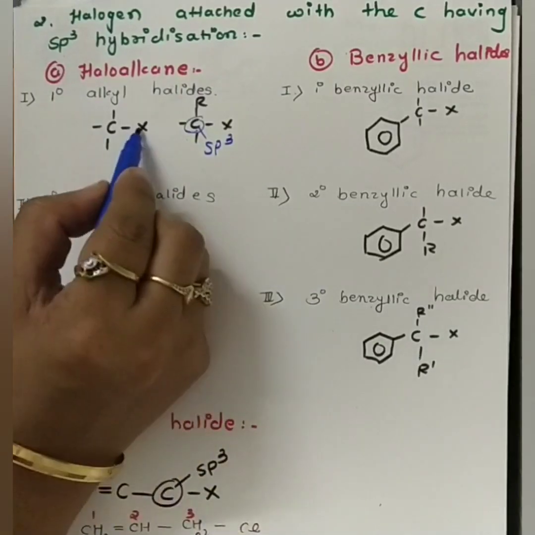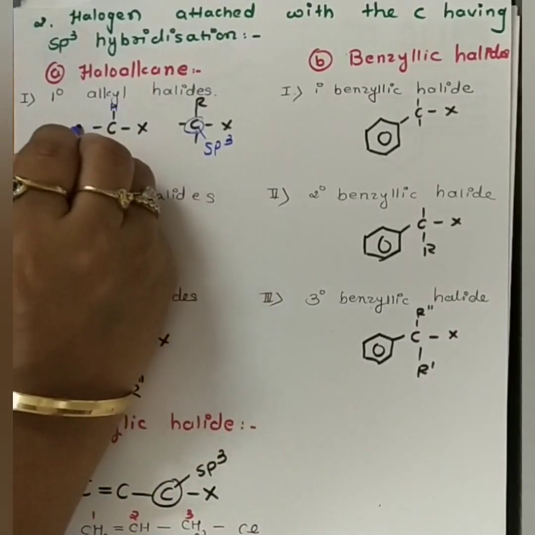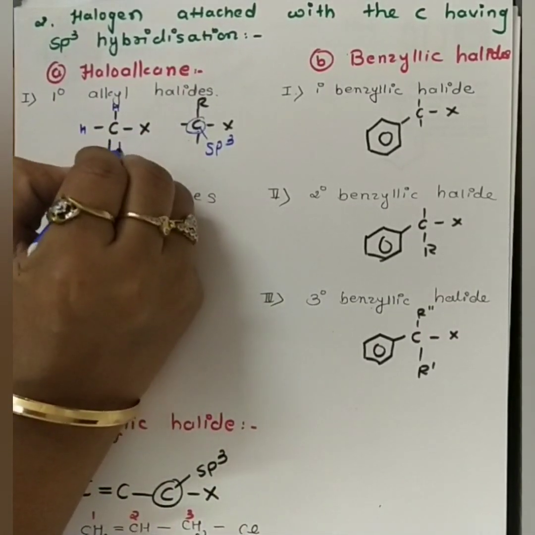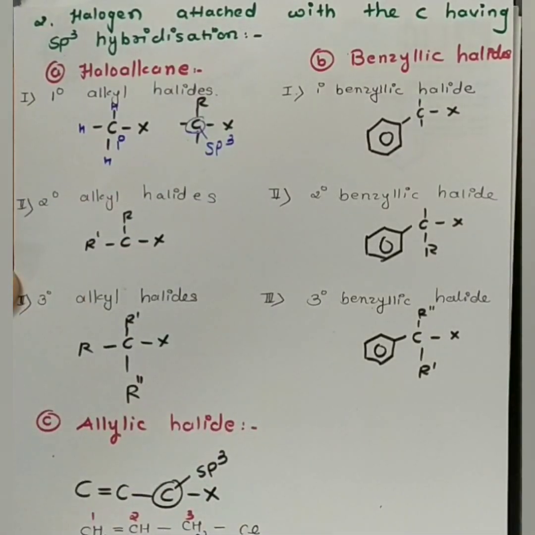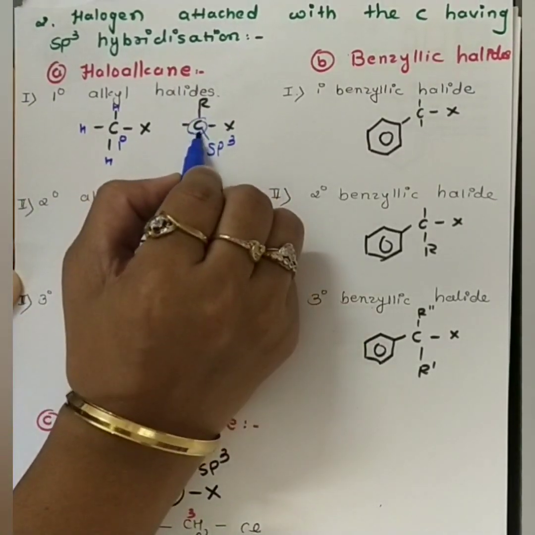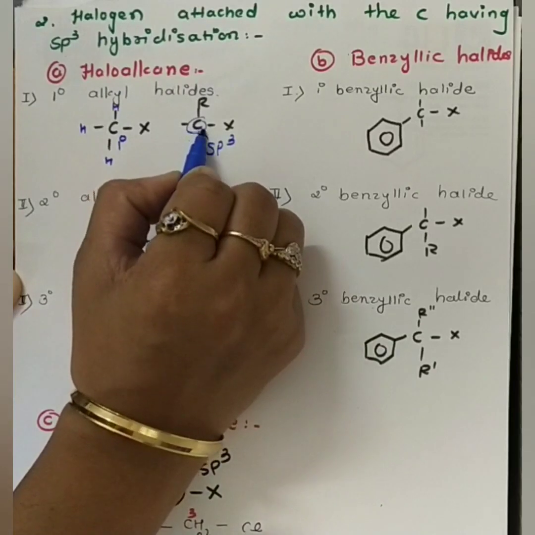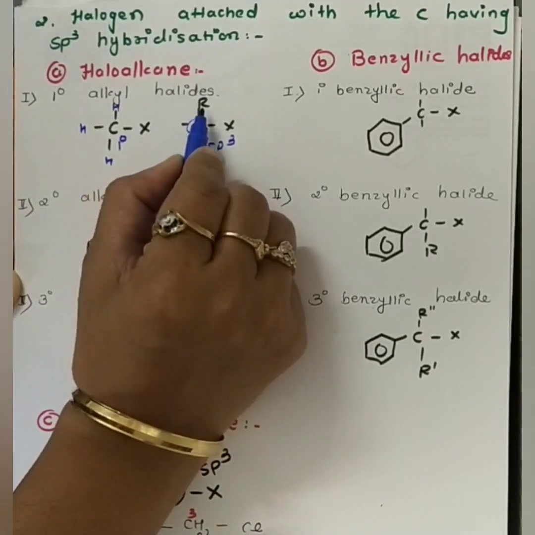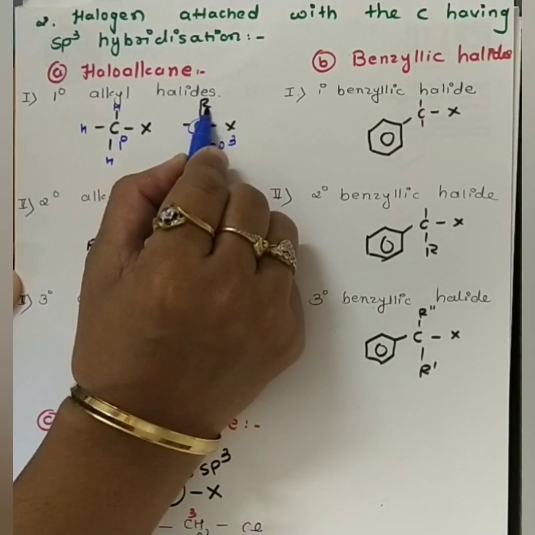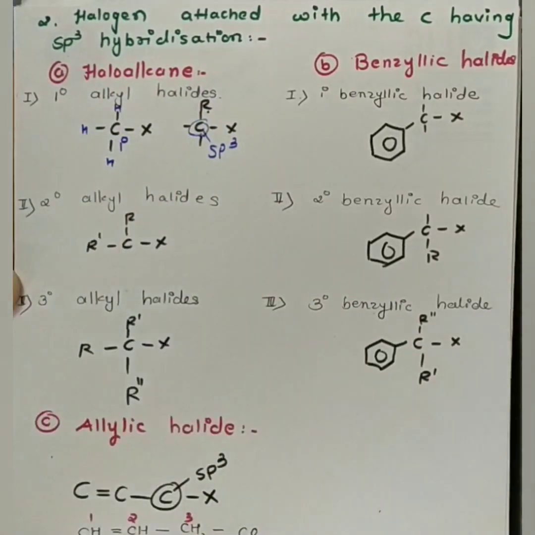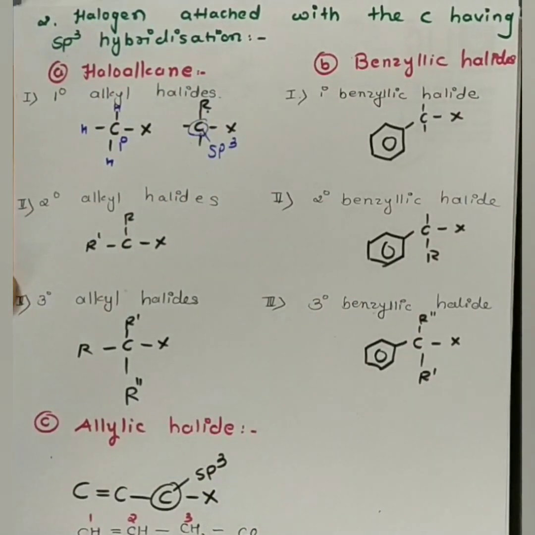Now, if this carbon is attached with all hydrogens, then this is a primary alkyl halide. And if this carbon, which is sp3 hybridized, is attached with one alkyl group, then also this is considered a primary alkyl halide.